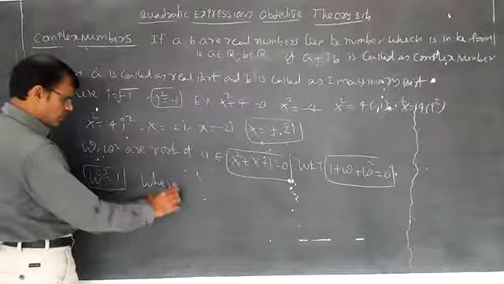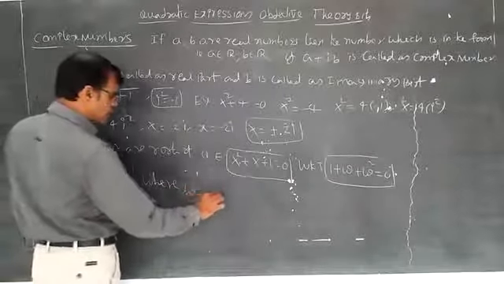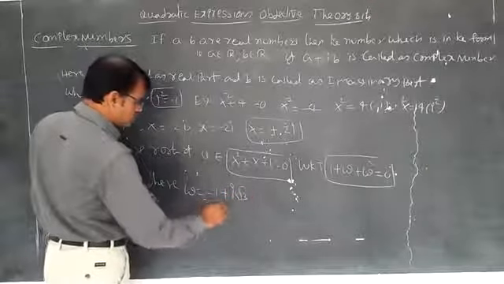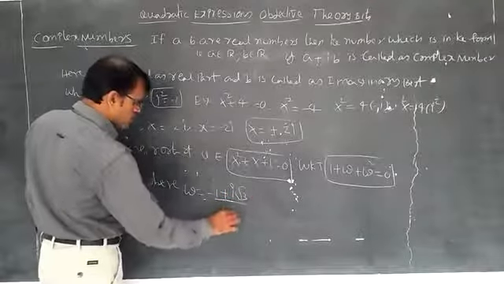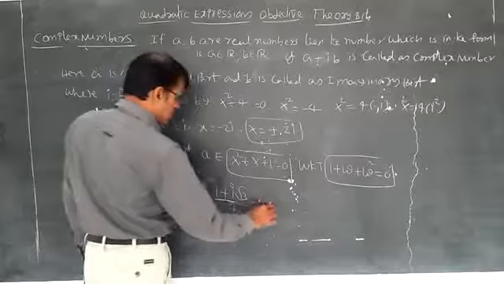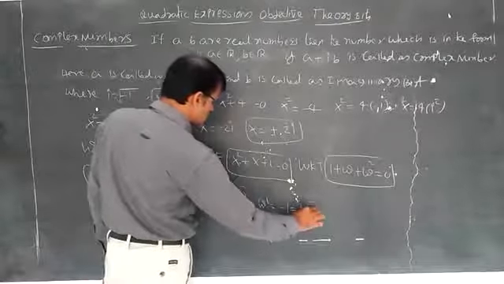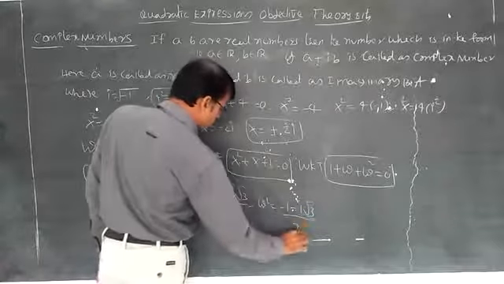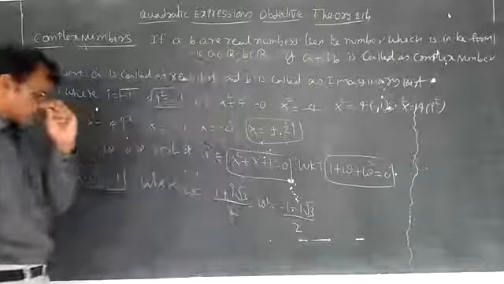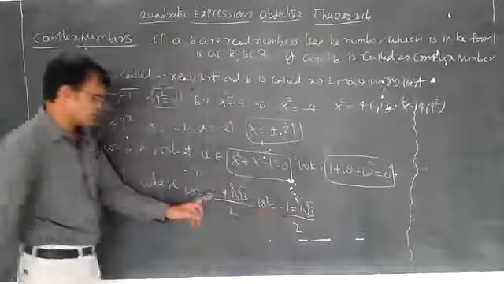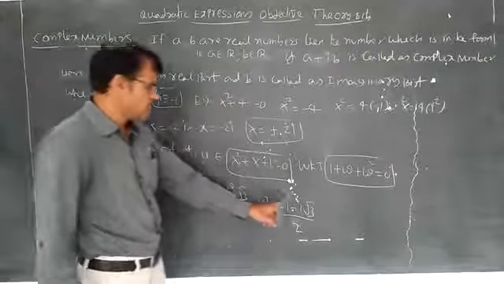The value I am writing: omega is equal to minus 1 plus i root 3 by 2, and omega square is equal to minus 1 minus i root 3 by 2. Here you observe, minus 1 plus and minus 1 minus.